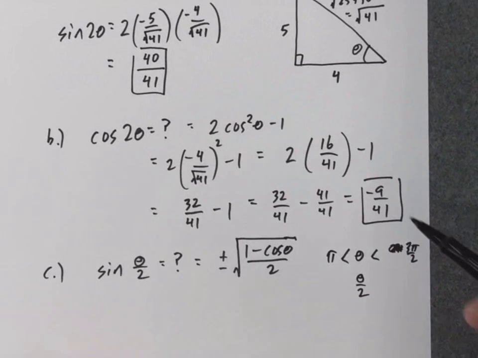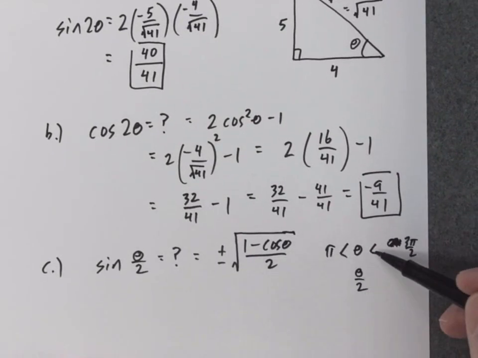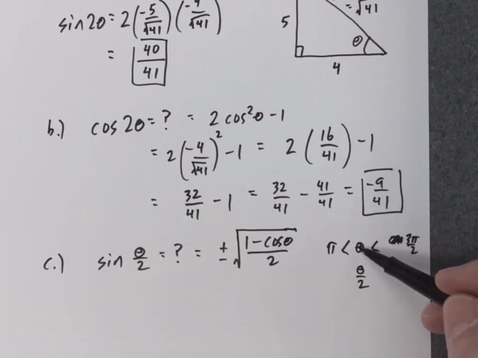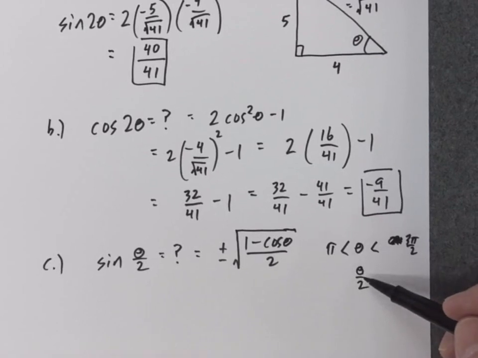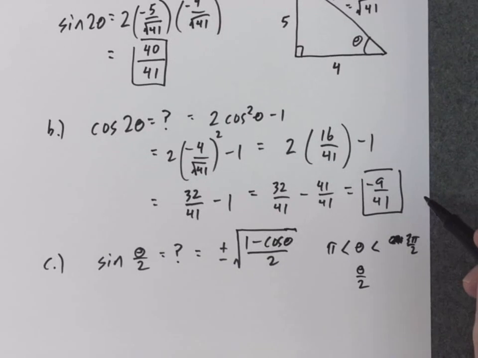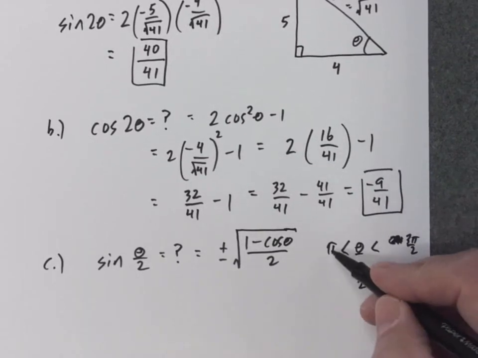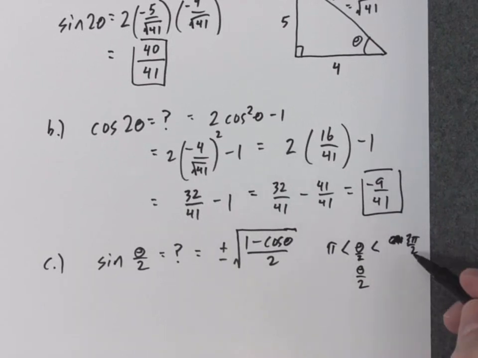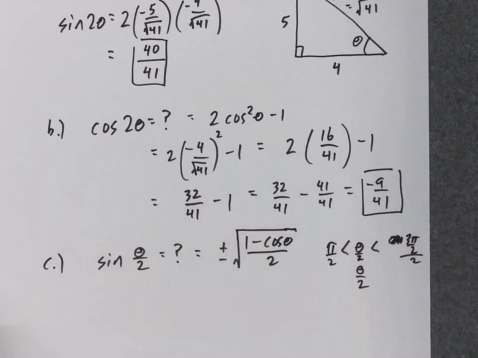So here's what you do. You take this original, this is called a double-sided inequality. So this defines theta. I want to take this and now come up with what theta over 2 should be. Now what we can do in math with inequalities, you know what I can do? There's 3 parts to this. If I divide the middle by 2, then I have to divide each side by 2.